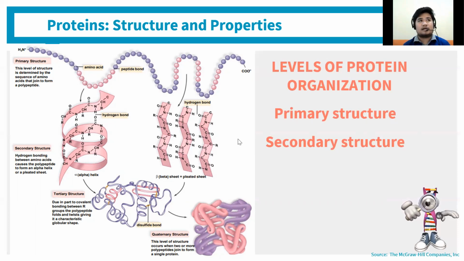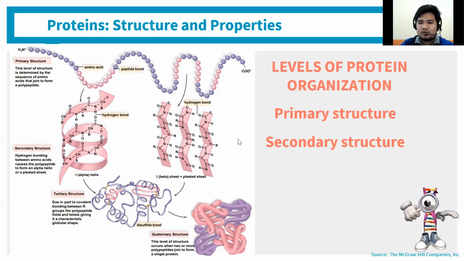So parang yun sa uniform ng mga sa skirt ng mga babae, 'di ba? May tinatawag dong pleats, parang ganun ang formation ng secondary structure. Okay. So, example ng proteins na may secondary structure ay yung keratin and yung myoglobin.